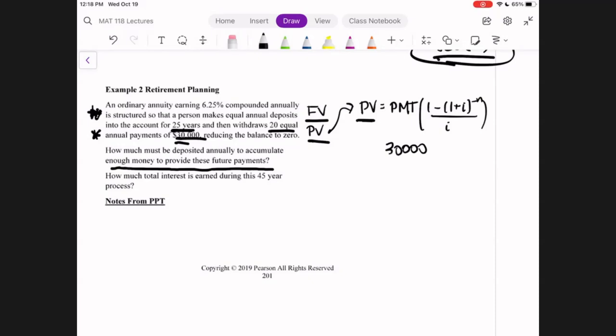One thing to note, compounded annually, this is your R. Annually means your M is 1. Okay. And in this one, your T would be 20 for the present value because you're going to withdraw for 20 years. So for the present value part, your I would be the same as your R because it's being compounded annually.